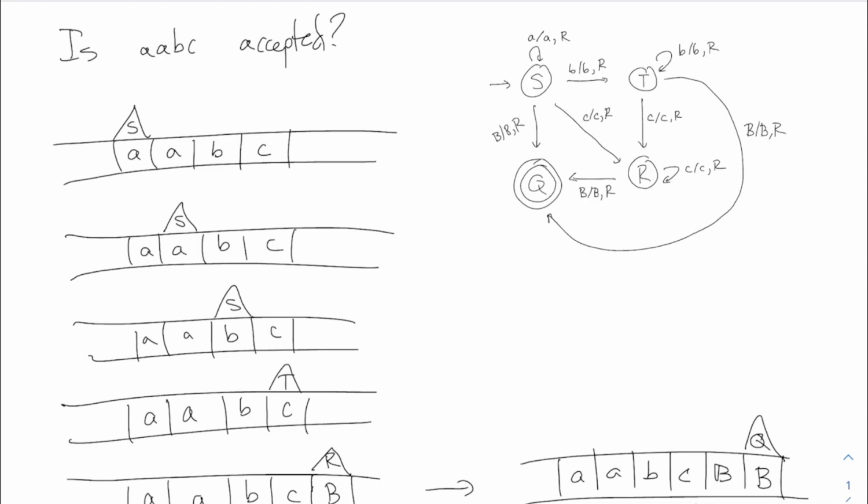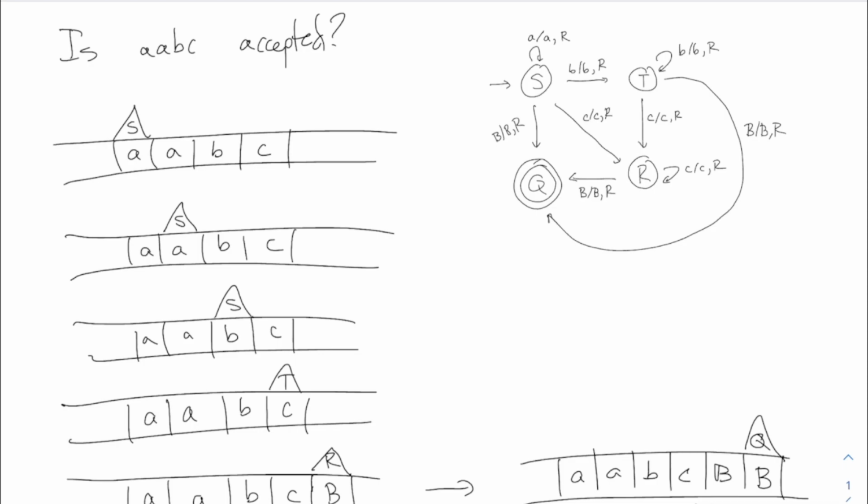For example, looking at the states, if you ever saw a B, then you would move over here. But over here, there's no opportunity to do anything for A's. And so the machine will get stuck, and that's how a string is rejected by a Turing machine, is that the machine gets stuck. That means that it never enters an accepting state. All right?